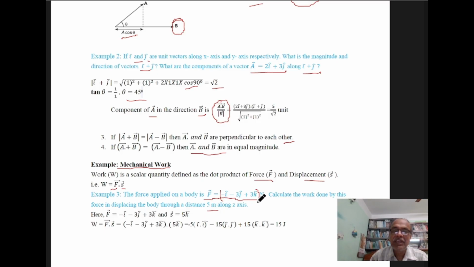Z axis means the unit vector is k, so the displacement vector will be 5k. Then what will be the work? Work equals F dot S. So simply here all the products other than k will be 0, only 3 into 5, so it is 15. Thank you.